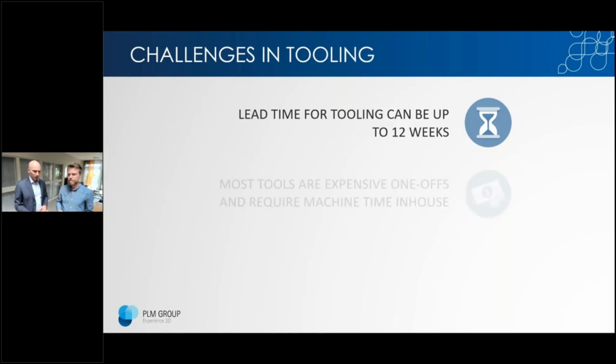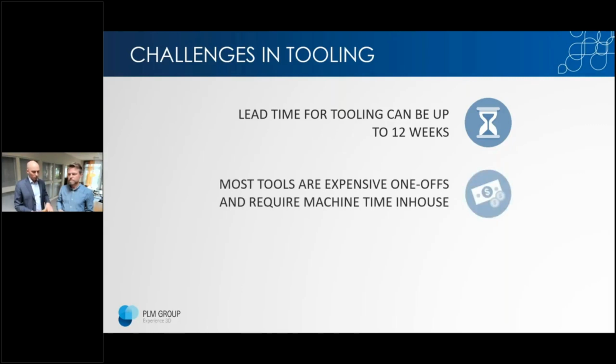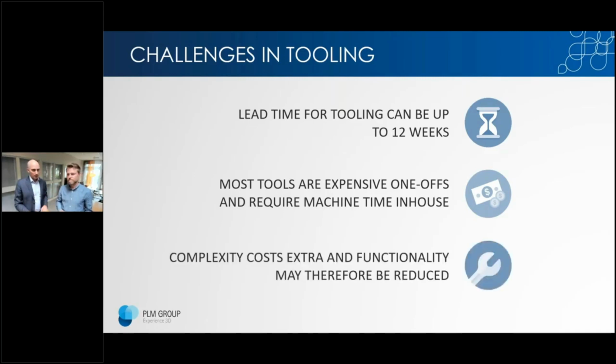That also ties into cost. Tools require a lot of machine time. Setting up a machine just to produce one part, you occupy machine time, even if you do it in-house. And also, some parts require or you would like to have extra functionality or complexity, like cooling channels inside the tool, but that comes at an extra cost.